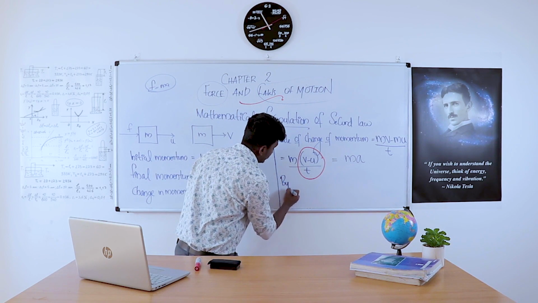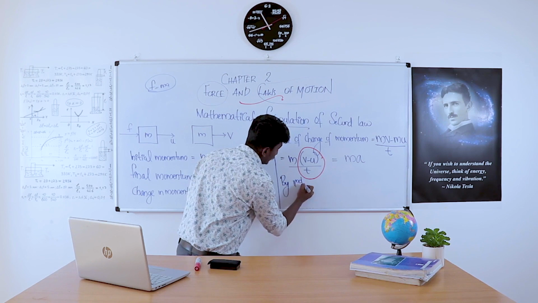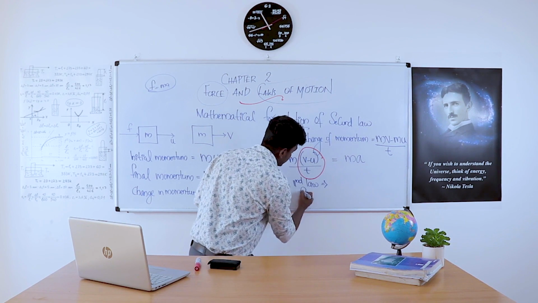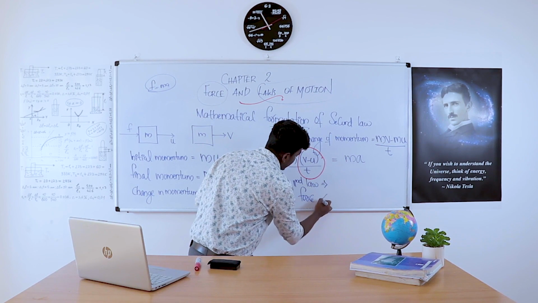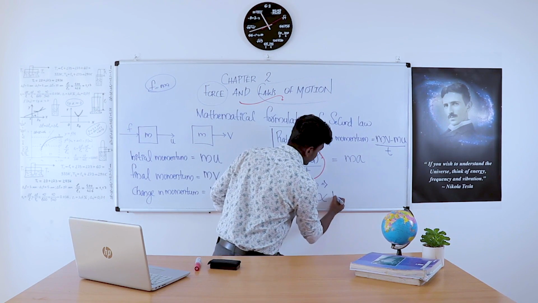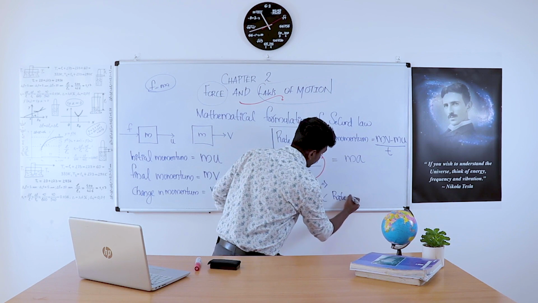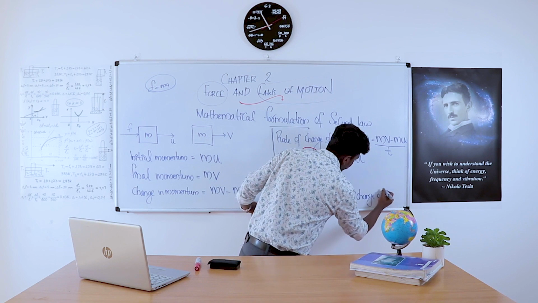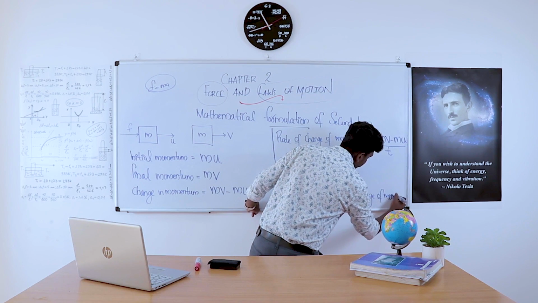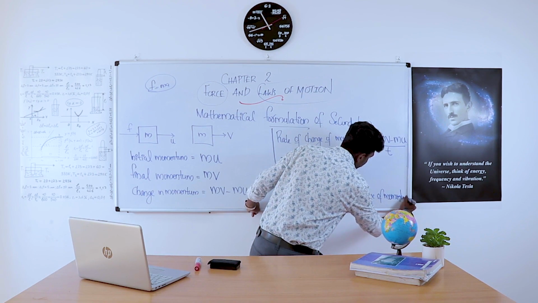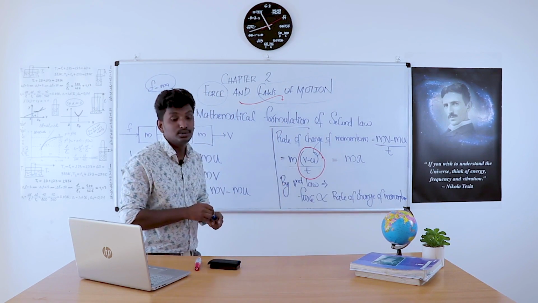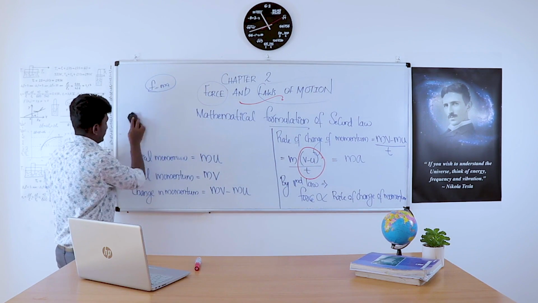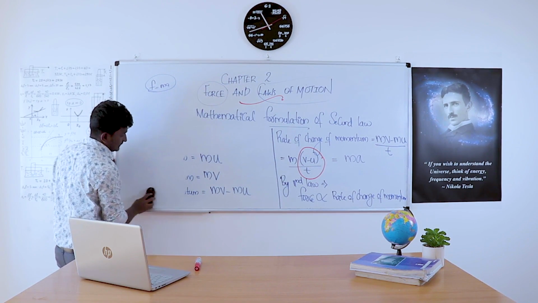Thus, we can write by second law, force is directly proportional to rate of change of momentum. Force is directly proportional to rate of change of momentum. Now I am rubbing the initial condition and continuing the derivation.